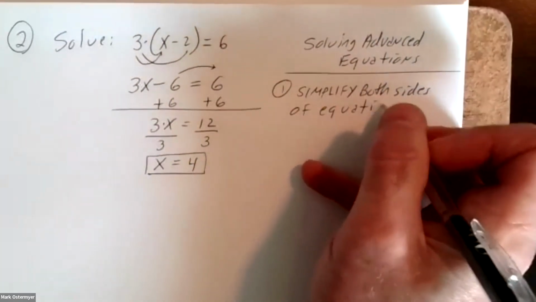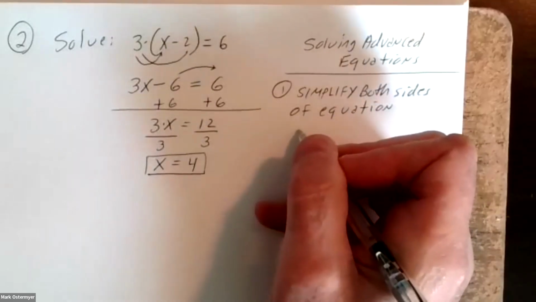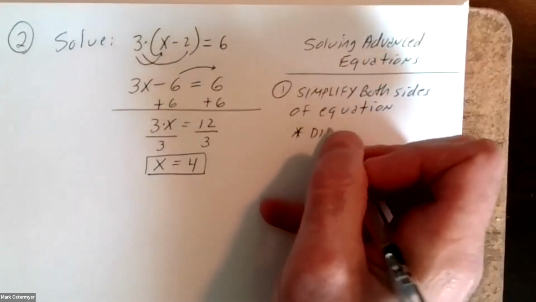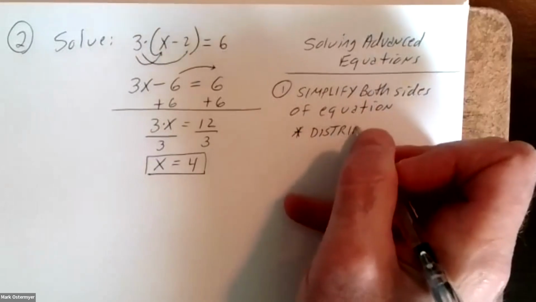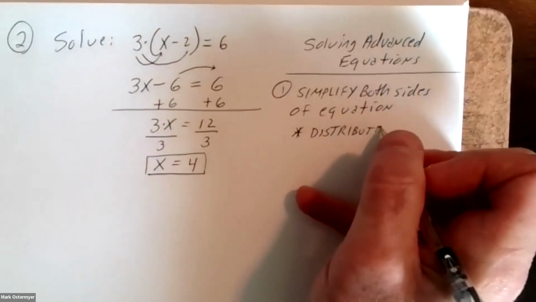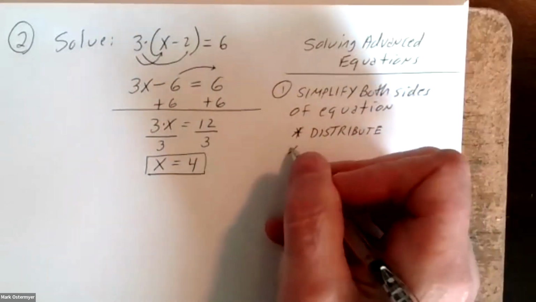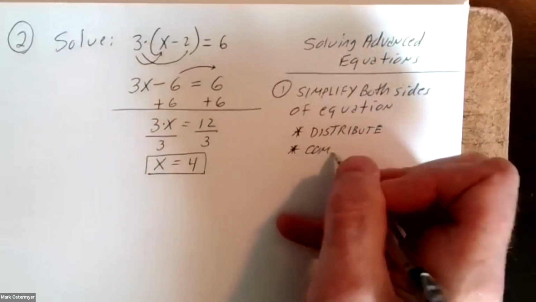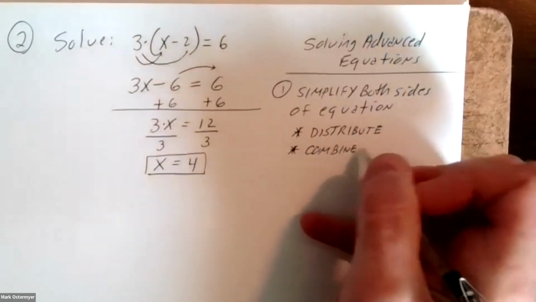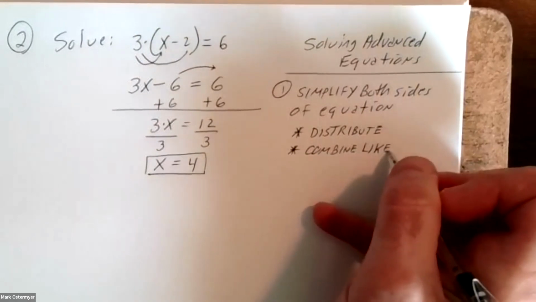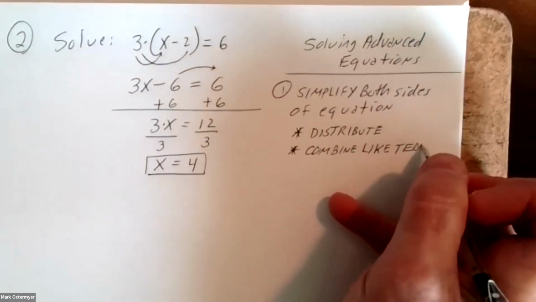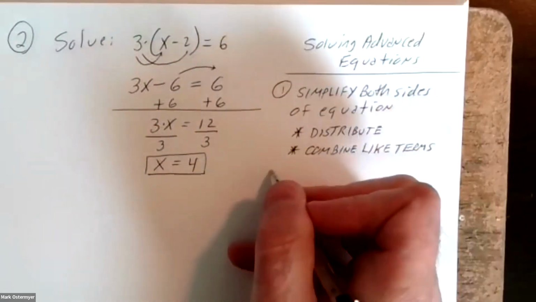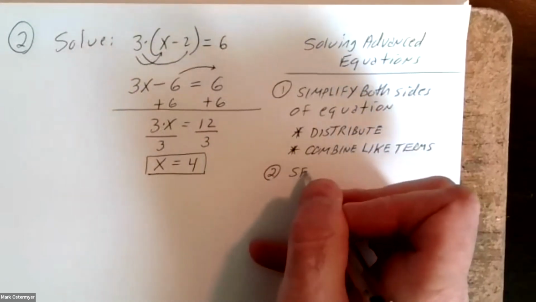Now, to simplify both sides of the equation, this may mean that we have to use our distributive property. We may have to combine like terms. And once we do that, then we separate.